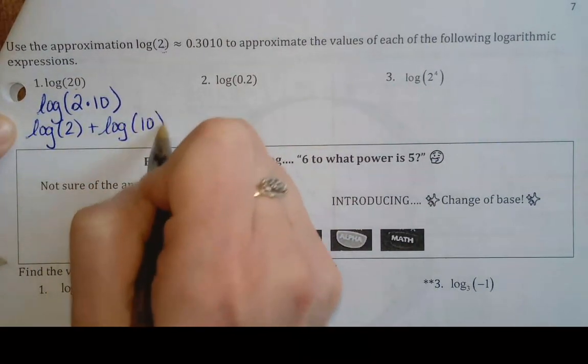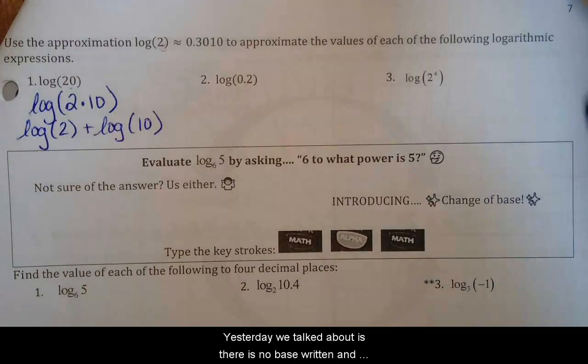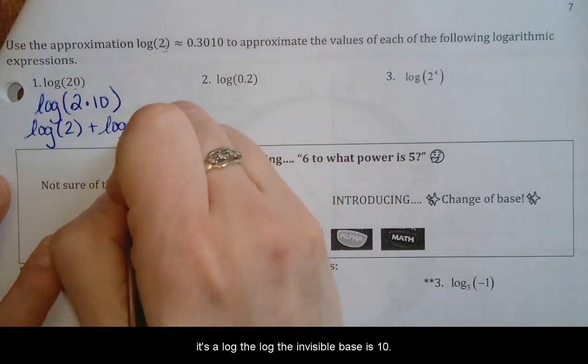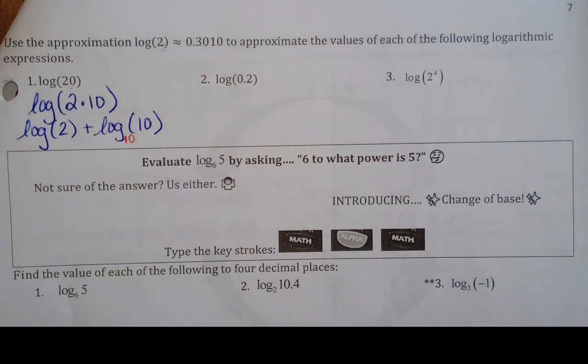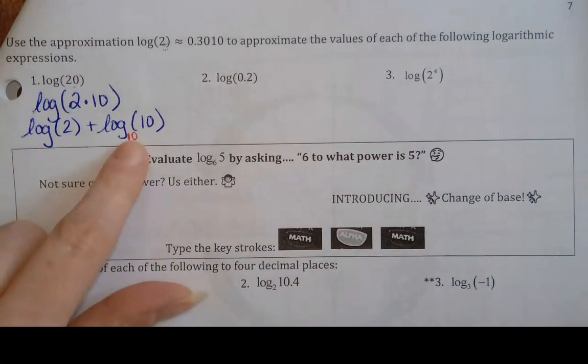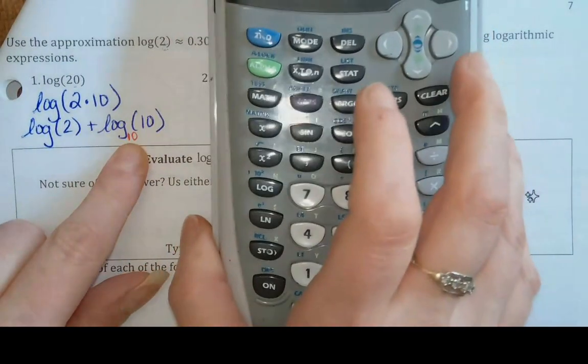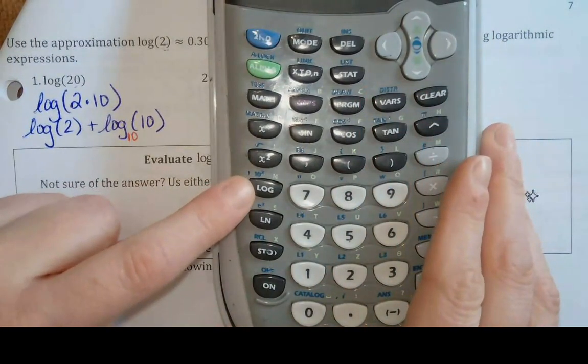Now, yesterday we talked about how if there is no base written and it's a log, not a natural log, the invisible base is 10. So in your calculator, if there is no base written, on the left-hand side there's a button that literally says the word log.